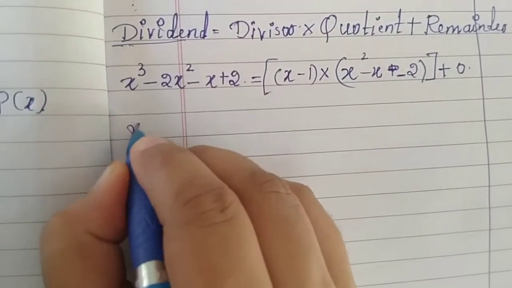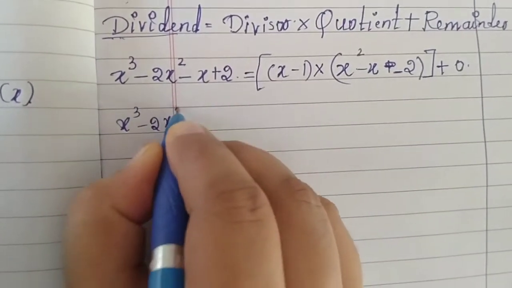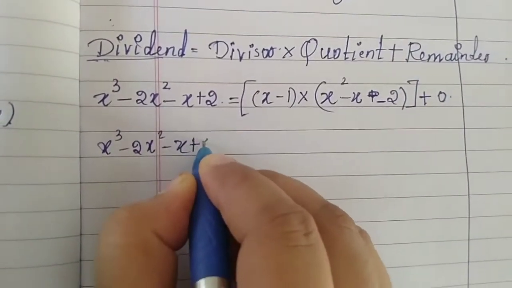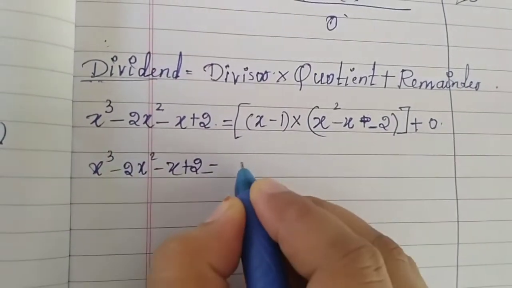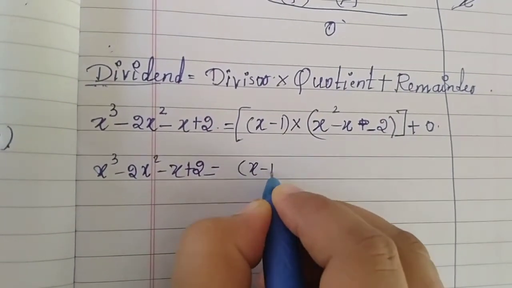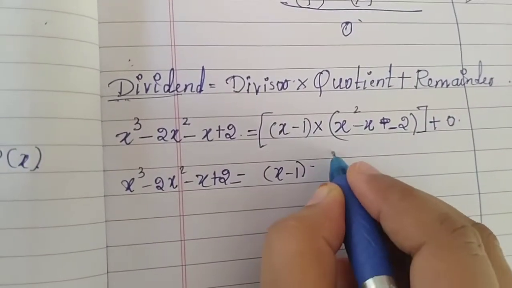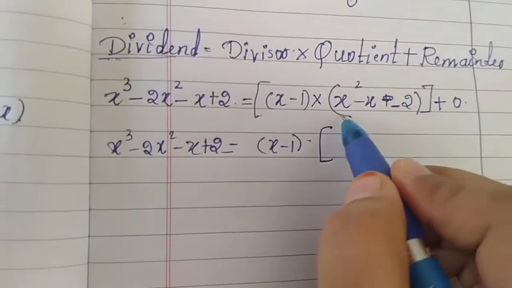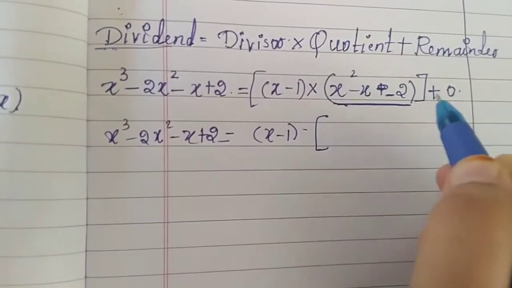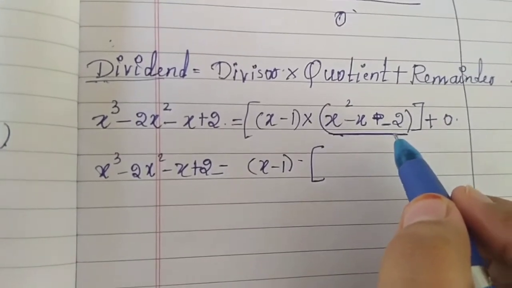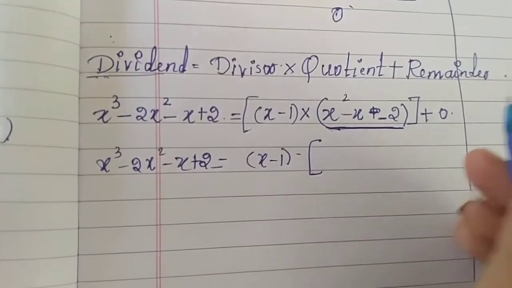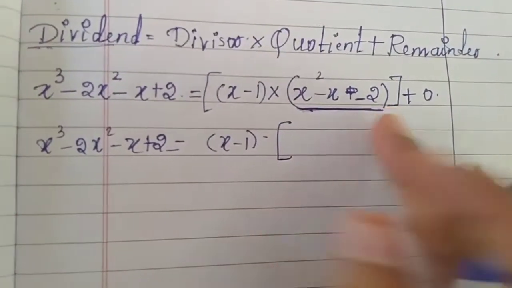So now x cube minus 2x square minus x plus 2 will be equal to x minus 1 into, and now for this you have to split. By using the splitting method you have to find the factors of this. Okay, x square minus x minus 2 is there, right?